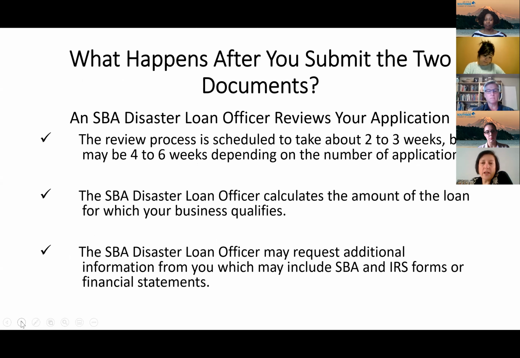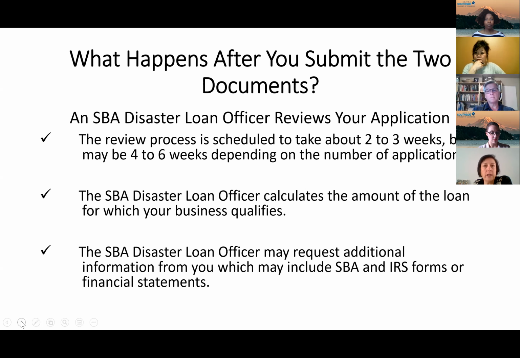So the next question is, what happens after you submit these 2 documents? Well, right now, the website is indicating that a disaster loan officer will review your application. And that review process should take maybe 2 to 3 weeks.